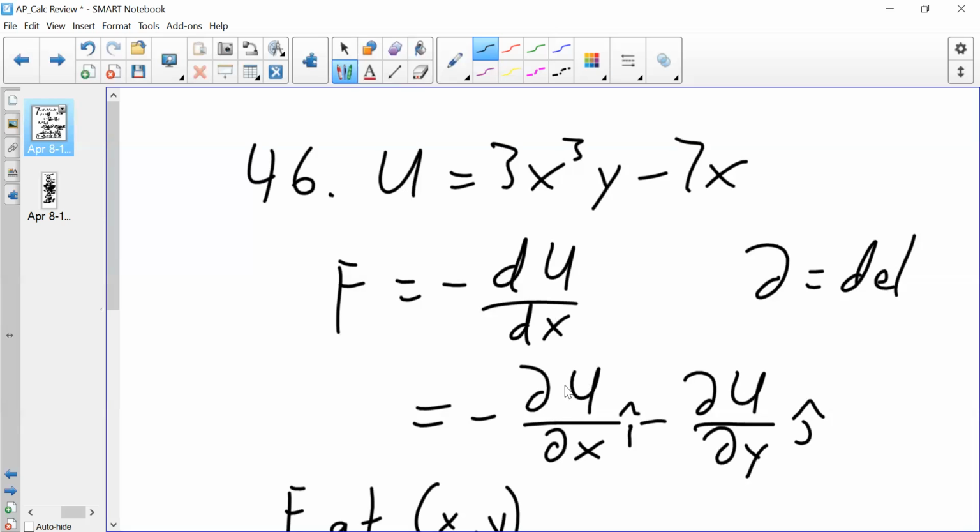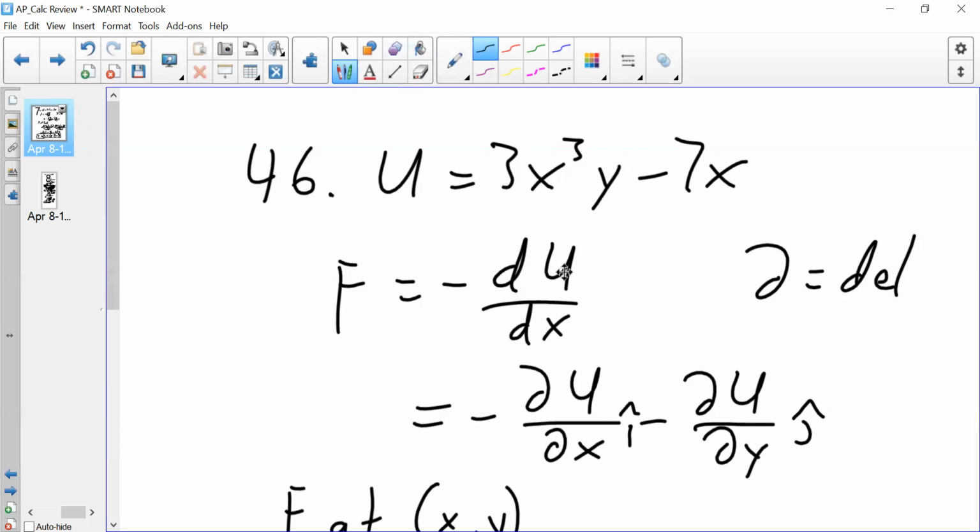So the partial derivative is going to be with respect to x and y, and then we add them together in unit vector notation, and that'll be our force. It's going to be comprised of x and y.